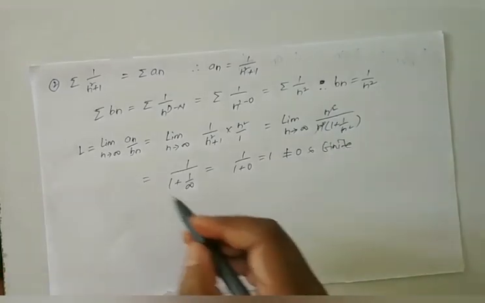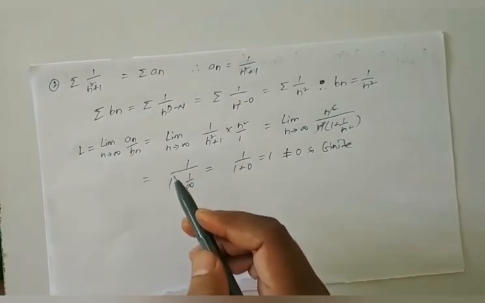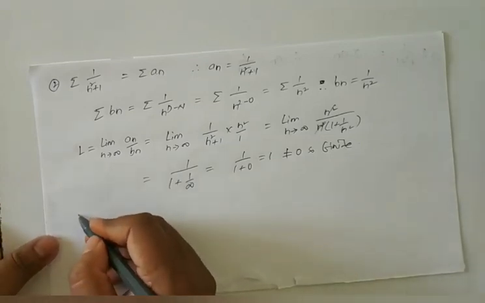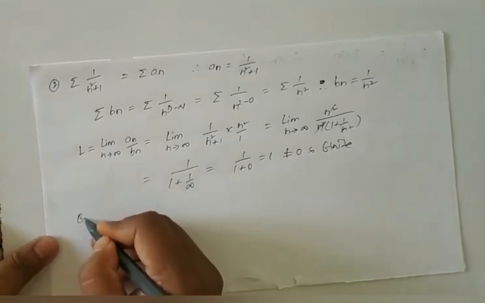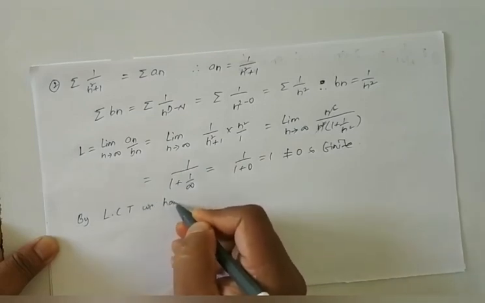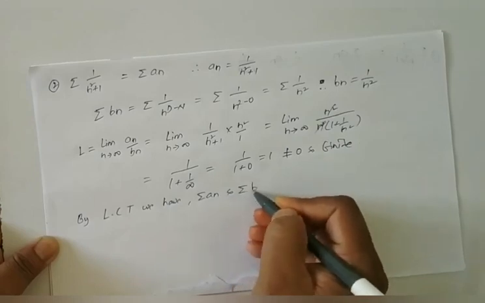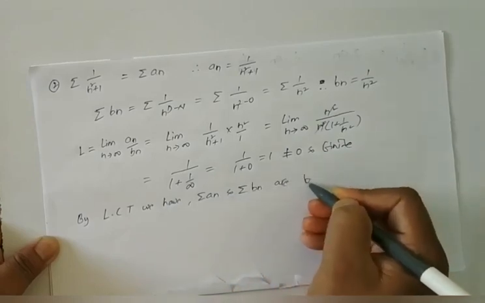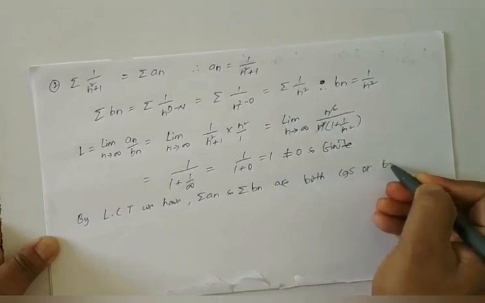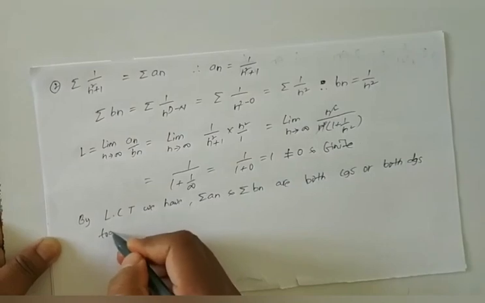Already we know that if the limit of an by bn is not equal to 0 and finite, then either both series converge or both series diverge. By the limit comparison test, summation an and summation bn both converge or both diverge together.